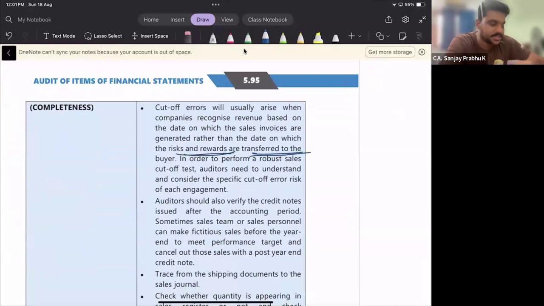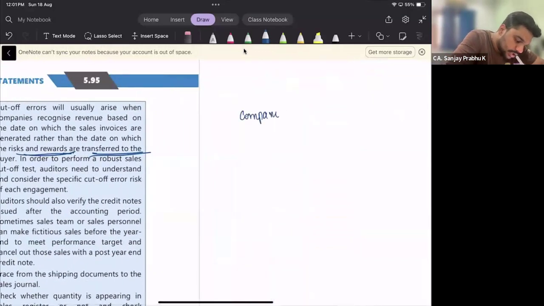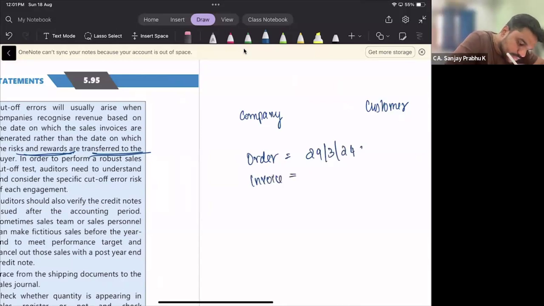See, what happens is, say for example, there is a company and a customer. The customer places the order. The order was placed on 29th March 24. The invoice was generated on 31/3/24.